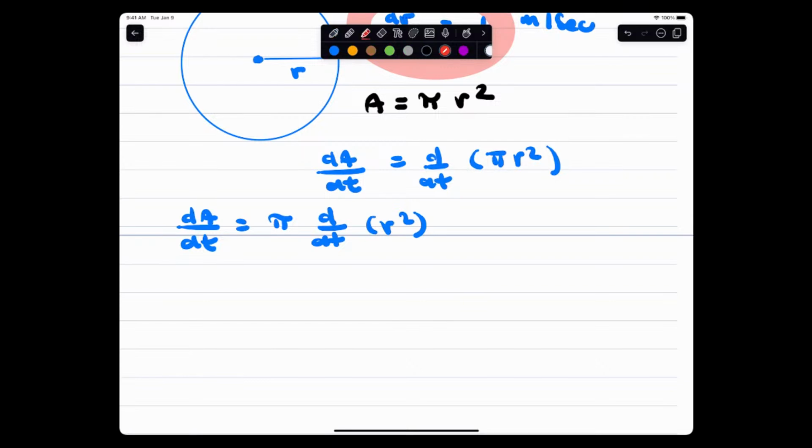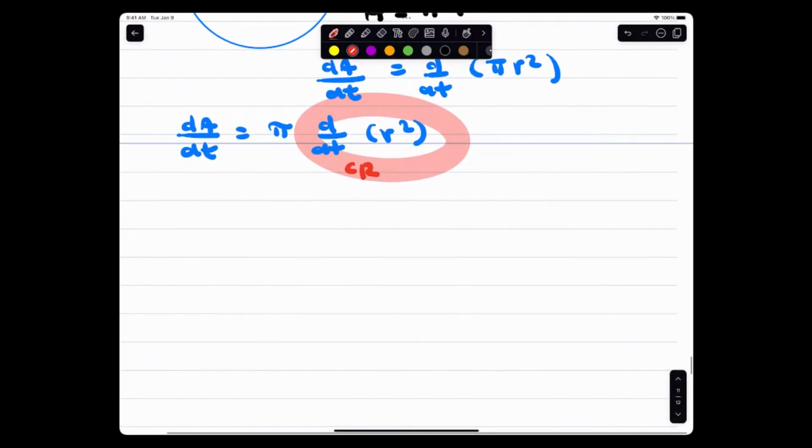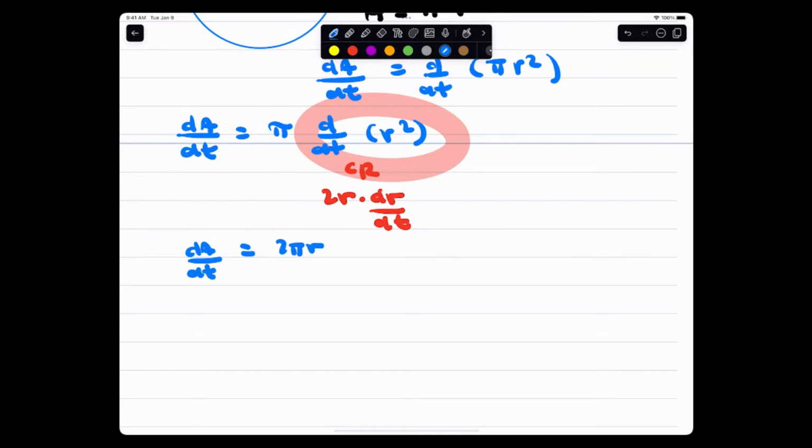And then what happens over here? Chain rule. What do you guys get here? 2r times dr/dt. So what you see now is called the related rates equation. dA/dt will now be 2 pi r dr/dt.